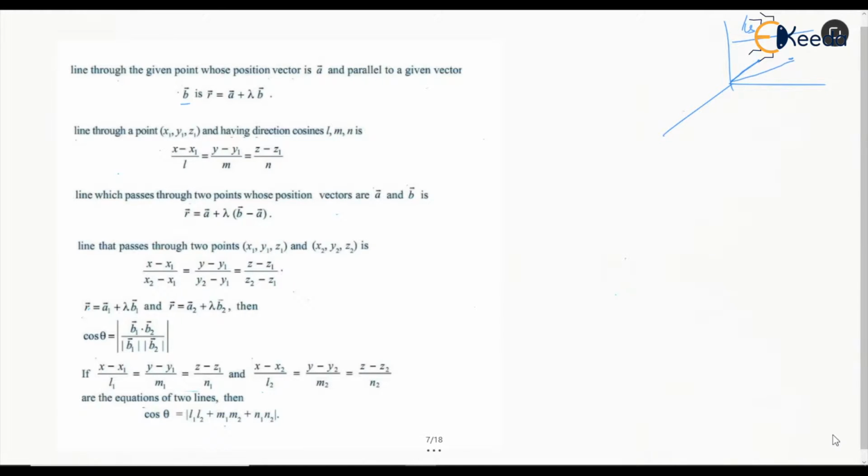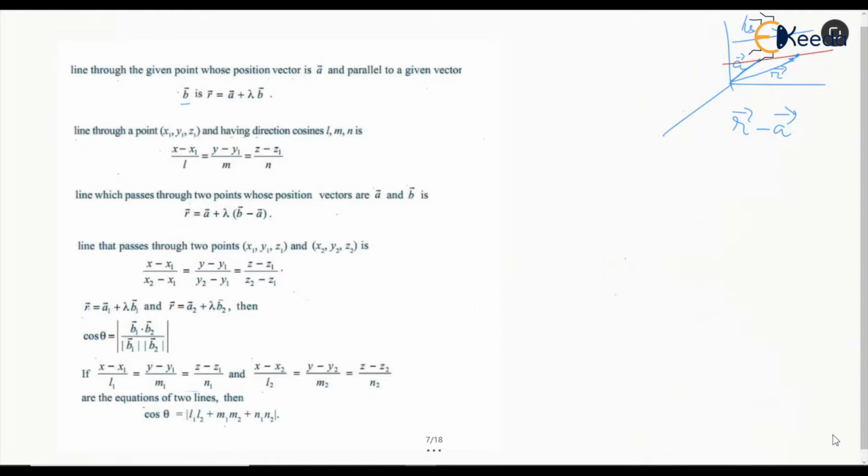This is R, this is A. Then this is our R vector, this is A vector, this is the line to which it is supposed to be parallel, and the line joining these two points will be R minus A.